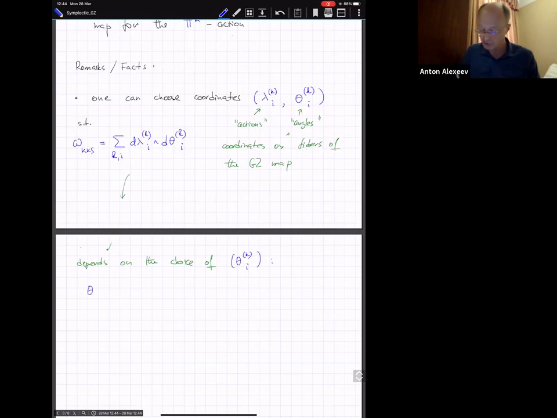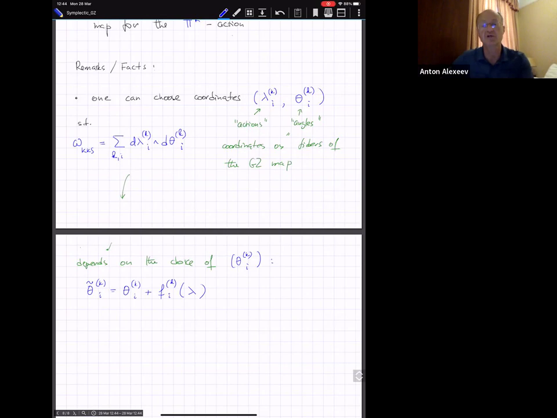And indeed, if you choose different angles, plus possibly some function, maybe of lambdas, you can always shift the zero on your fiber.